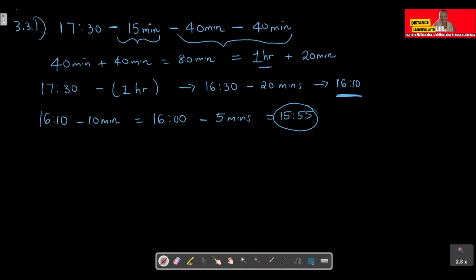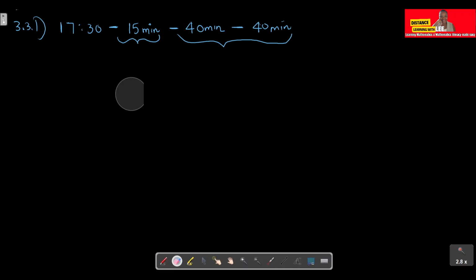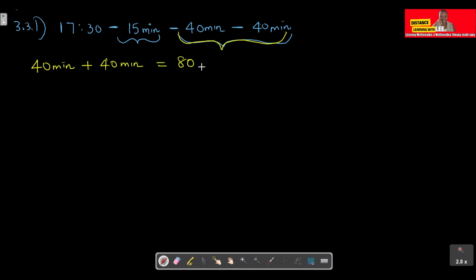I'm going to write this in a neater way so that you can follow. This is just showing you how you can think of it practically, if you struggle to see how to get to your answer. Like I mentioned, you take the 40 minutes and add them, 40 plus 40. That means you want to minus 80 minutes, which means you're minusing 1 hour and 20 minutes.